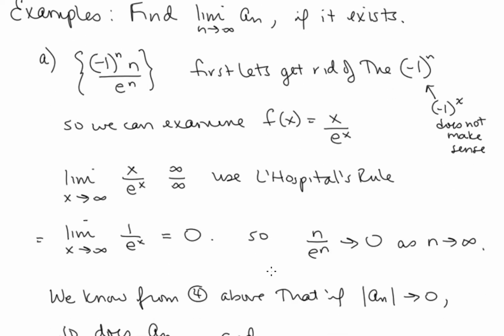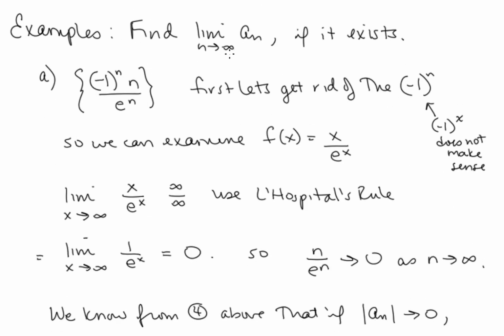For all of these examples, we want to find the limit as n goes to infinity of a_n if it exists. So let's take a look at this one: -1 to the n times n over e to the n. When we want to examine if the limit exists here, the first thing we should do is get rid of the -1 to the n. Let's first examine n over e to the n and see what we can figure out about that.